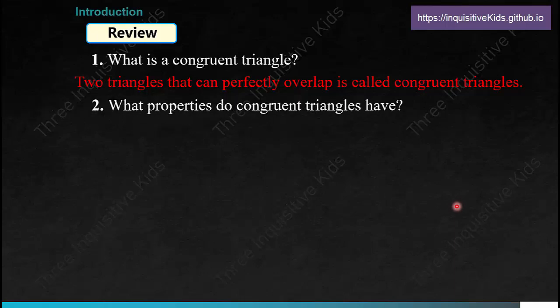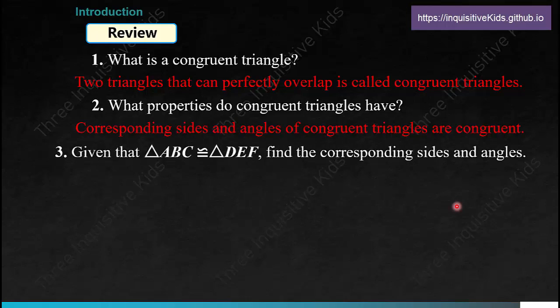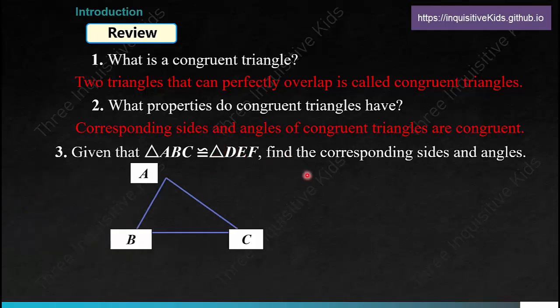2. What properties do congruent triangles have? Corresponding sides and angles of congruent triangles are congruent. 3. Given that triangle ABC is congruent to triangle DEF, find the corresponding sides and angles.